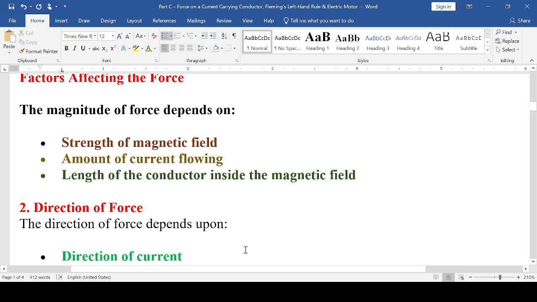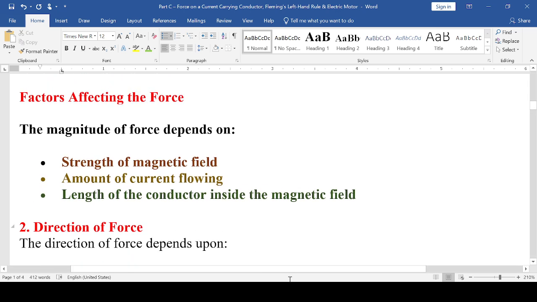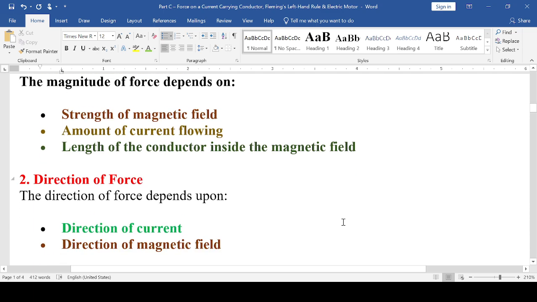The magnitude of the force will depend upon the strength of the magnetic field, the amount of current flowing, and the length of the conductor inside the magnetic field.